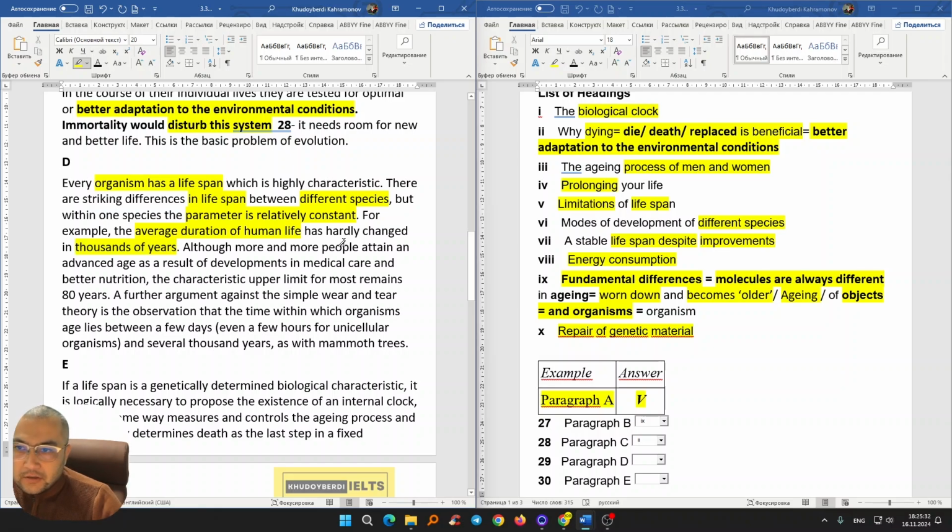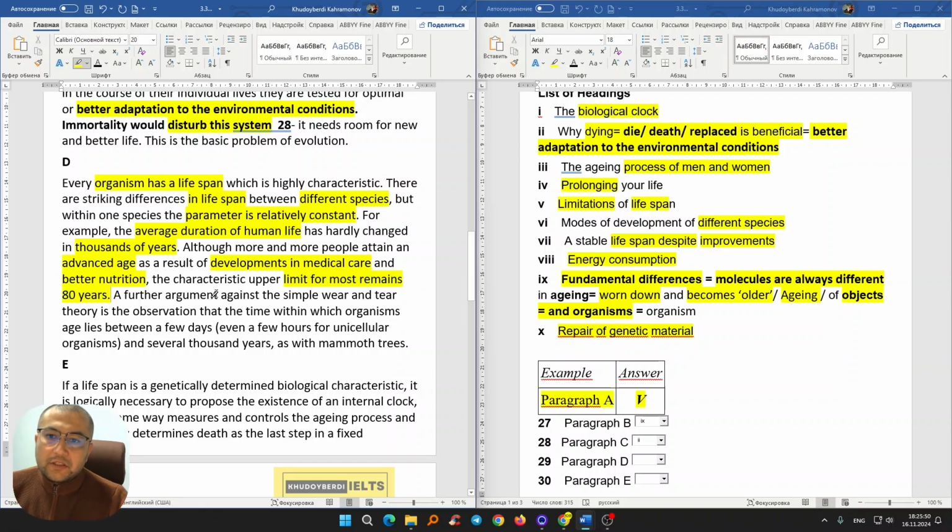So although more and more people attain advanced ages as a result of developments in medical care and better nutrition, the characteristic upper limit for most remains 80 years.